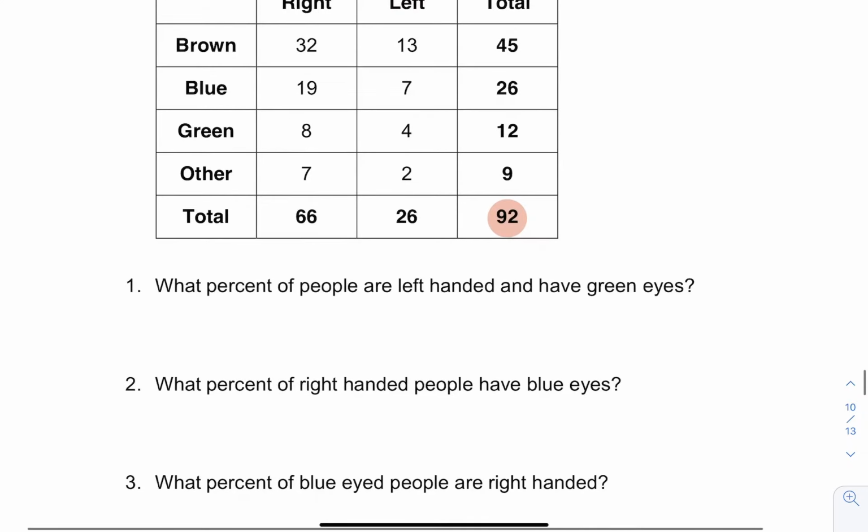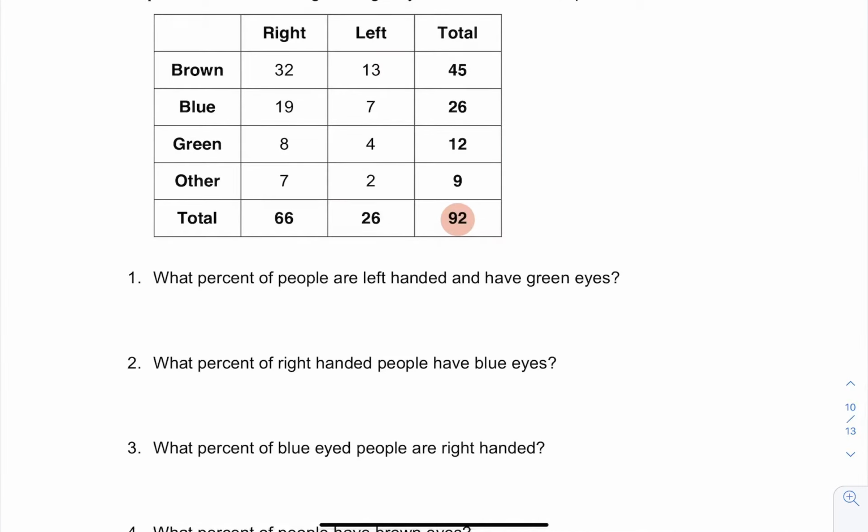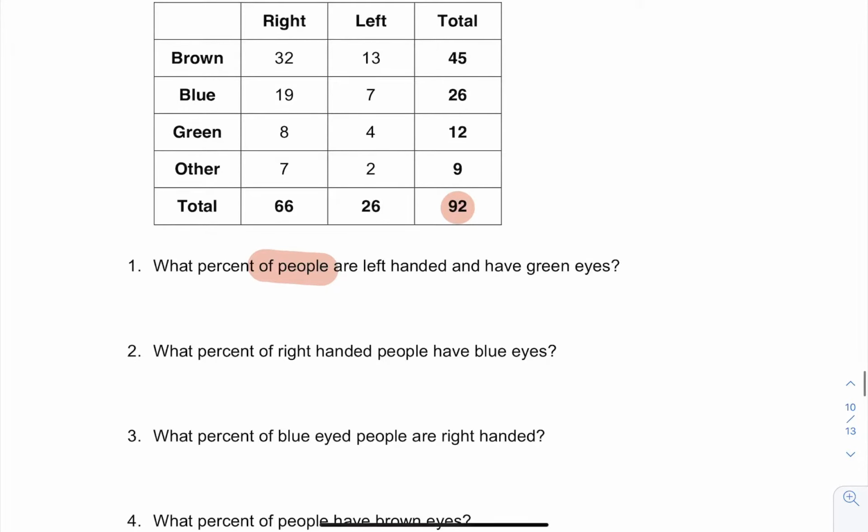So one of the important things is the "of people." Whenever you see "of something," this is going to be our total. So in this case, what we want is out of the total people, how many are left-handed and green?